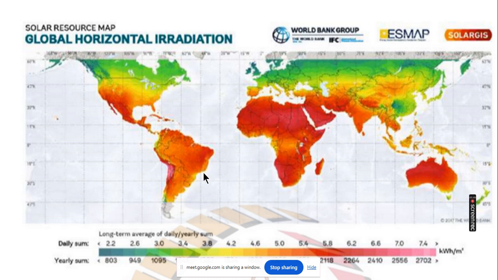Now if you look at how the solar radiation is getting distributed based on the latitudes, you can see the polar regions are actually having higher values of solar radiation. Sorry, the equatorial regions are having higher values of solar radiation, like Africa, India, and all those are having larger values.